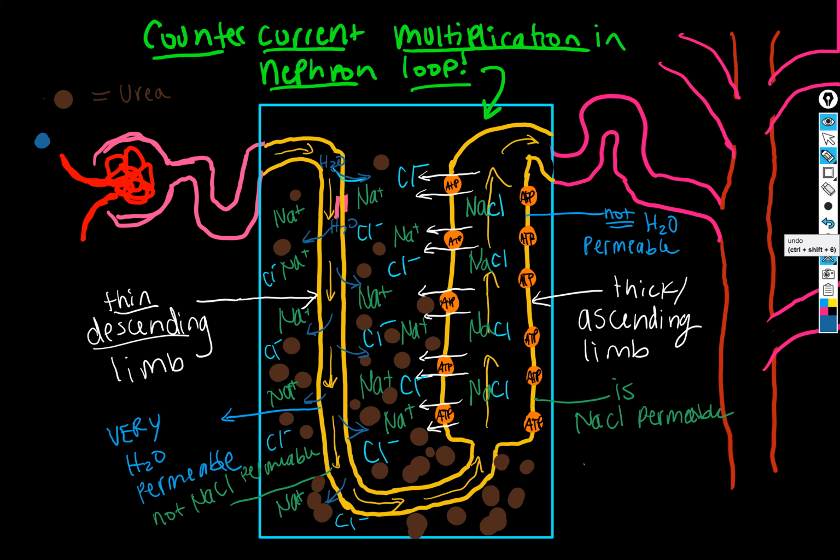I hate to interrupt, but I just have a quick question. Yeah, go for it. The space outside of the nephron loop, would we consider that the peritubular fluid? Yes.